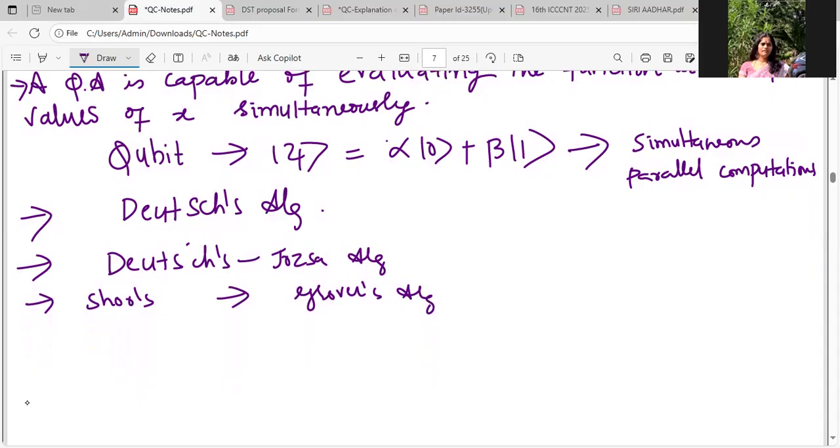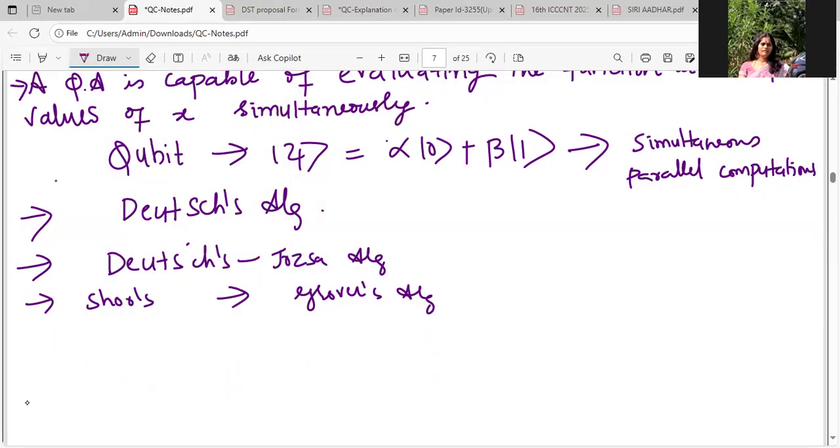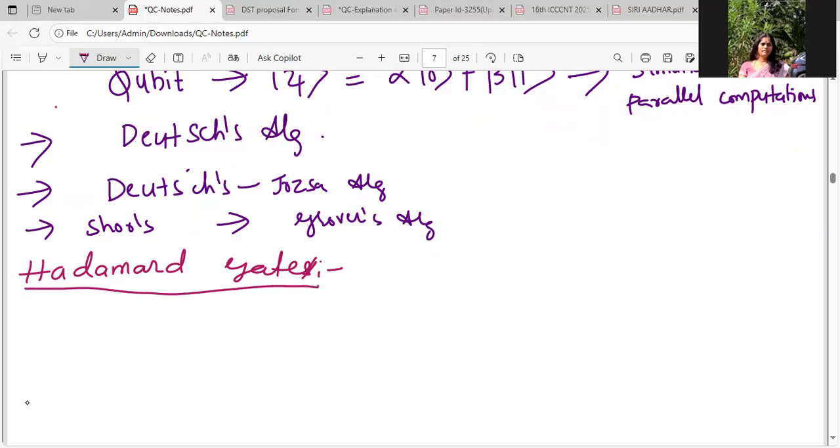Now, before learning any of these algorithms, there are some basic things I should be aware of. The first thing is the Hadamard gate, which is used extensively in some of the quantum algorithms. All of us know what the Hadamard gate is, and I know the matrix for the Hadamard gate.